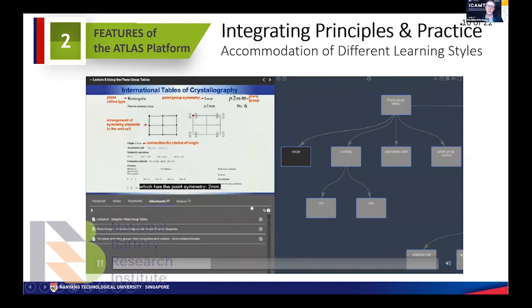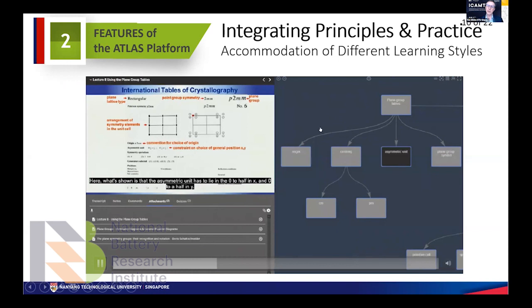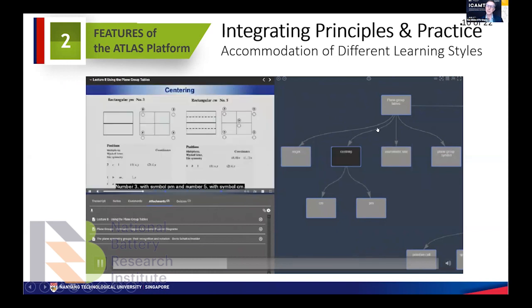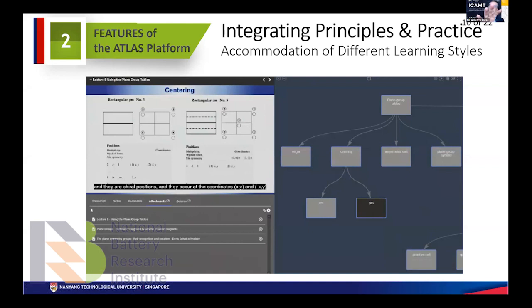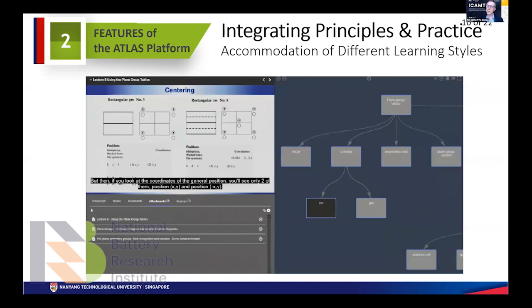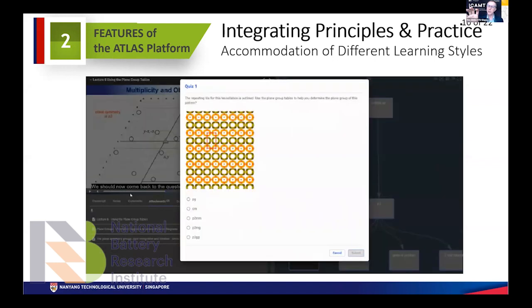The other thing that you'll notice is the dynamic reasoning graph here on the right-hand side of the screen. As the different concepts come up on the slides, they're reflected in the dynamic reasoning graph, so the students have an overall sense of what the lecture is about and how all of the parts come together.